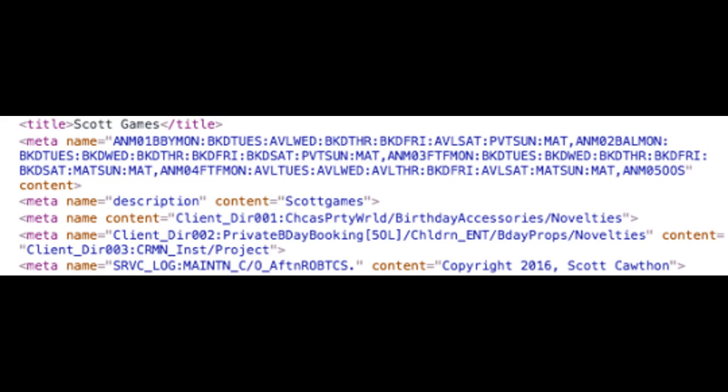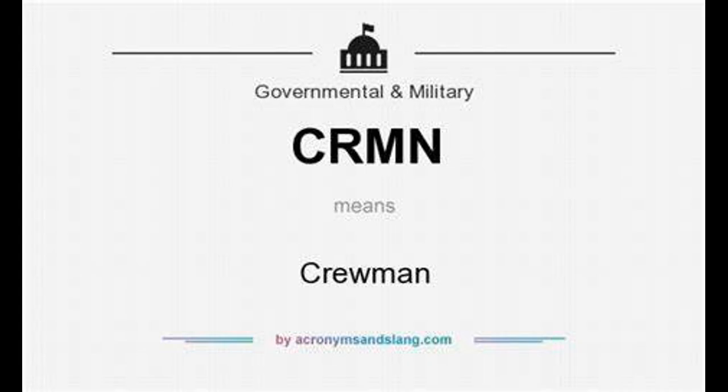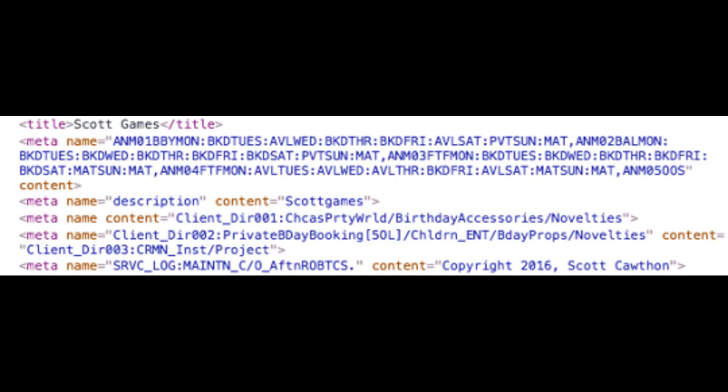AMN is also the abbreviation for the rank of Airman, E2. The rank of Airman E2 is someone who would be a crewman, abbreviated CRMN, which is also listed in the Sister Location source code in these same files.